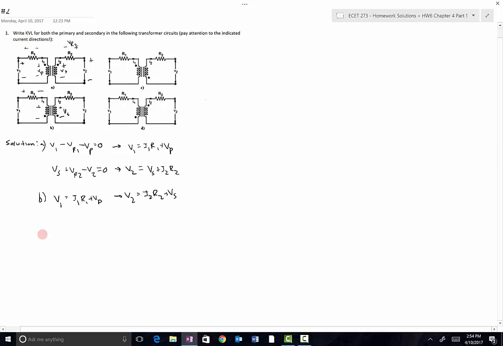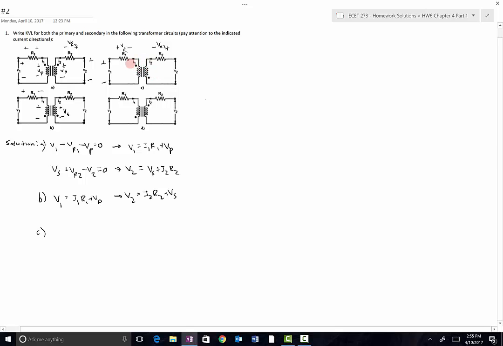So that's B. C, we come over here and we draw our polarity markings for V1. We've got current entering the positive terminal of this resistor, so that's VR1 right there. We've got the same current directions, VR2 right there. So now our task is, what is the polarity of the secondary voltage here?